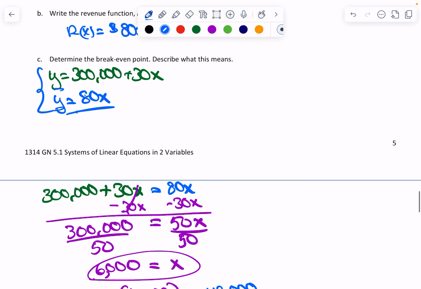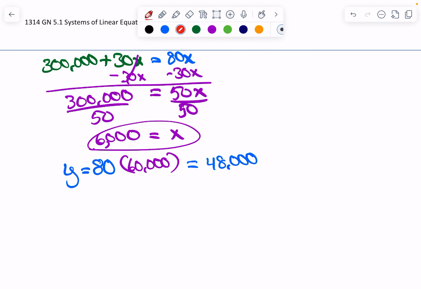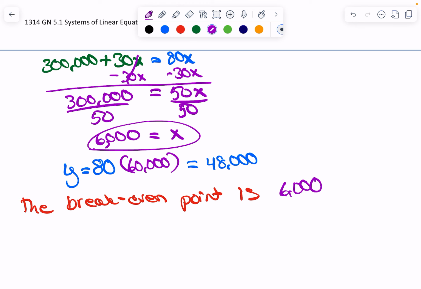So what does this mean? It means that our break-even point is 6,000. Hold on, I'm missing a zero here. It should be 480,000. 480,000 right here. So what does this mean? That's our break-even point.